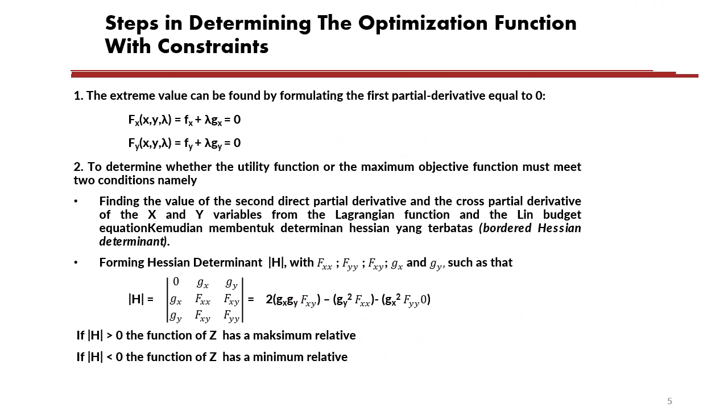Next, the steps in determining the optimization function with constraints. Like previous optimization without constraint, first of all, we have to determine the first partial derivative, and it should be equal to 0. This is to find the stationary points.